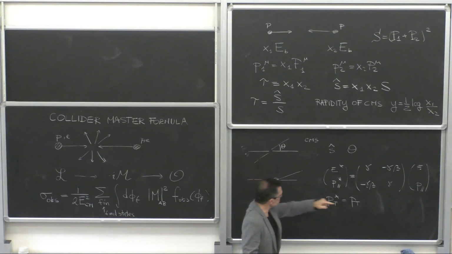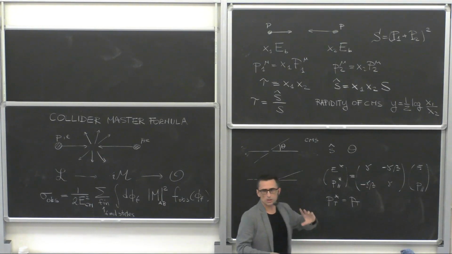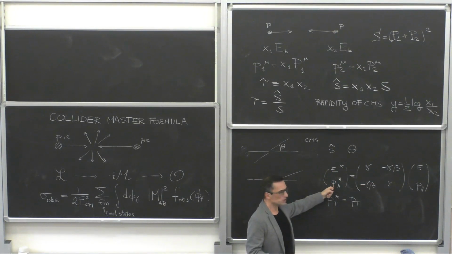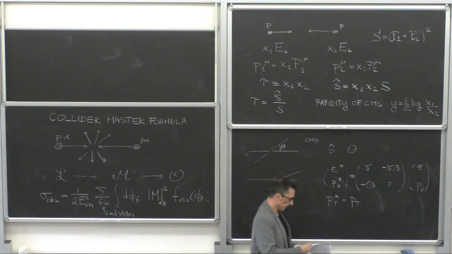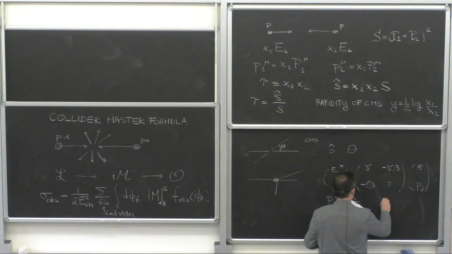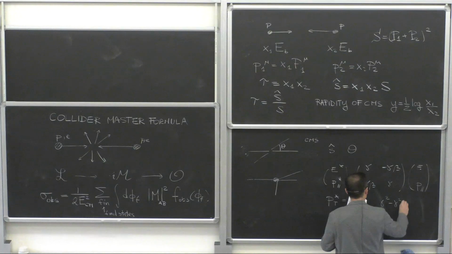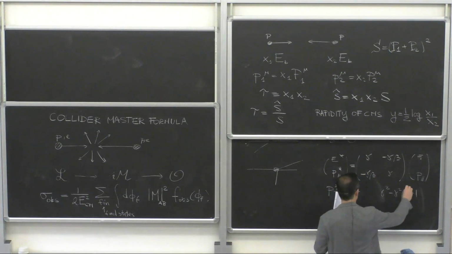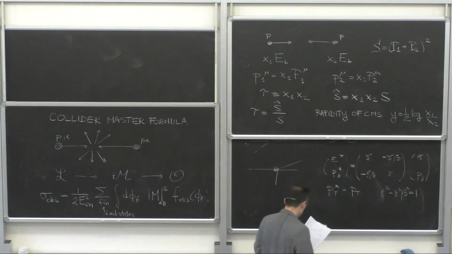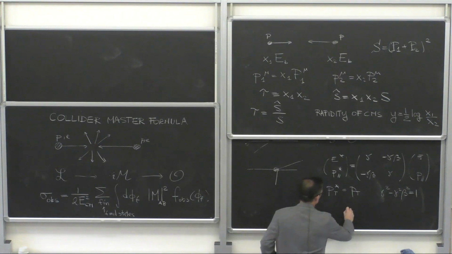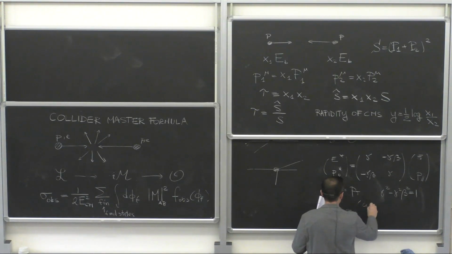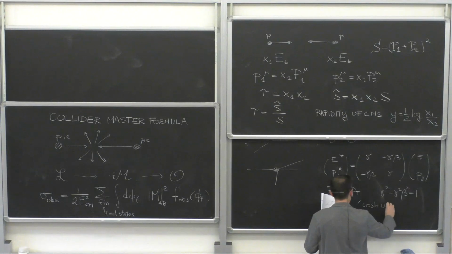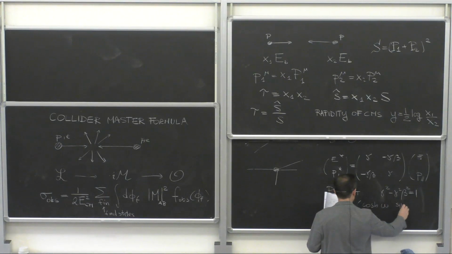And then in the z direction, I have the usual Lorentz transformation, which mixes E with p. And of course, we know that gamma squared minus gamma squared beta squared is 1. Then we can rewrite this transformation as a pseudo rotation, a hyperbolic rotation of a given angle.